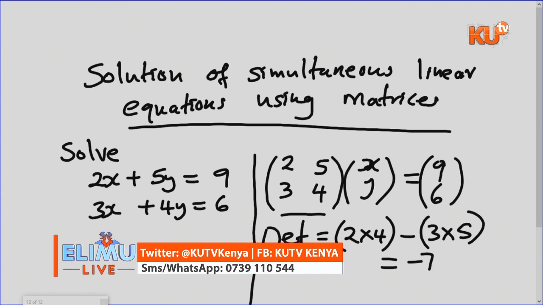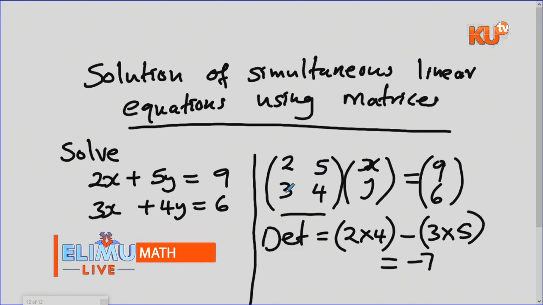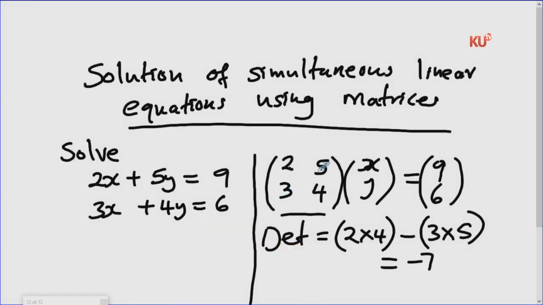So how do you get the inverse? We've said interchange these elements. Where there is 2, put 4, and where there is 4, put 2. Then change the signs of the other elements. This becomes negative, this becomes negative. Then you divide by the determinant, which is -7.